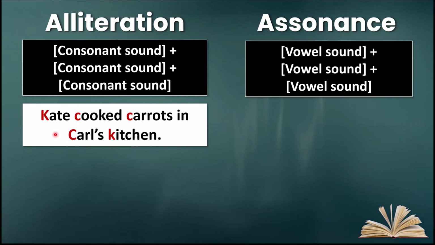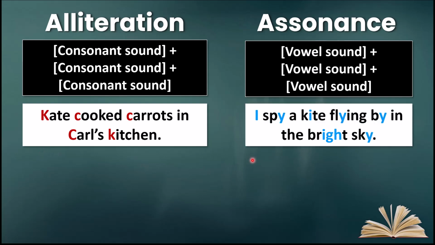Notice that even though the consonant is different, Kate begins with a K and cooked begins with a C, what's important is the consonant sound, and both Kate and cooked begin with the hard K sound. So the most important thing is the consonant sound. It must be the same for it to count as alliteration.